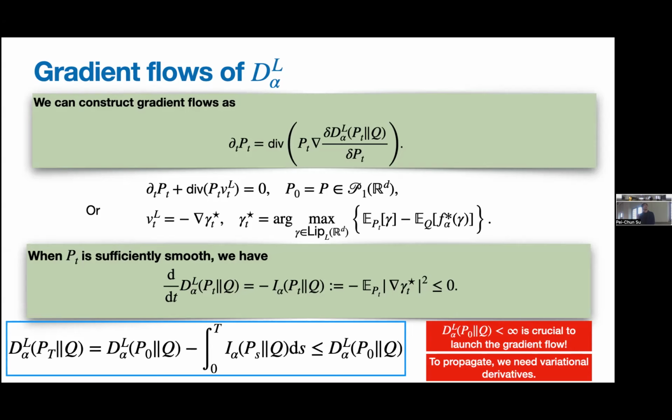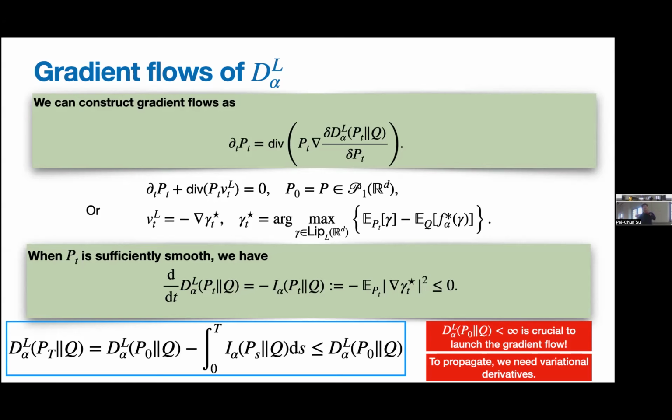You get a decay of the divergence between the terminal distribution and the target distribution, such that the initial value between P0 and Q should be finite in order to successfully start the gradient flow, because the decay formulation can be written in this way.